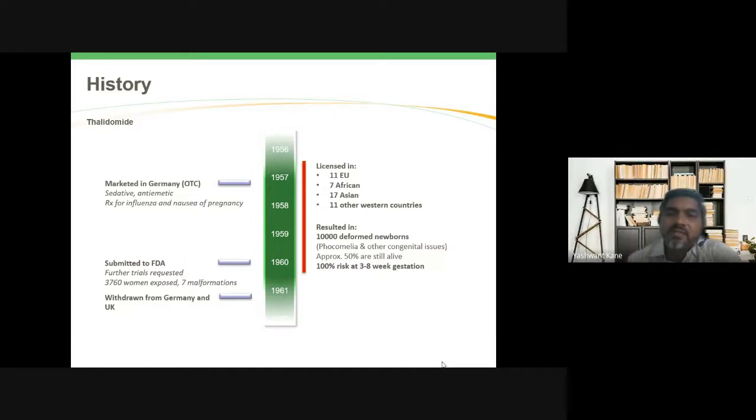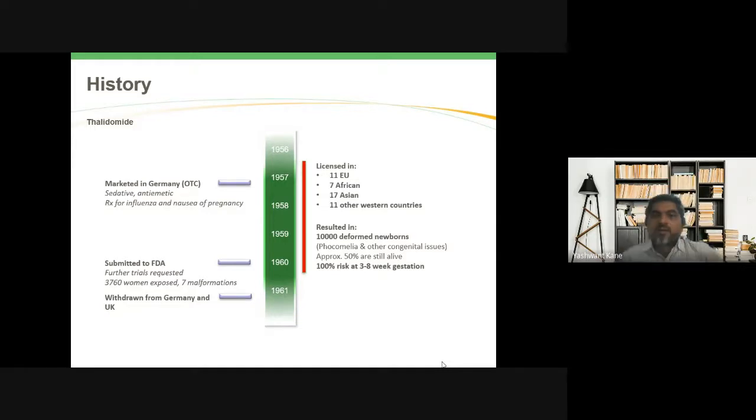It was licensed in so many countries, in the EU, Africa, Asia. After taking thalidomide, the pregnant women were feeling so relieved. But once they delivered, there were almost 10,000 deformed newborns, a condition called phocomelia.